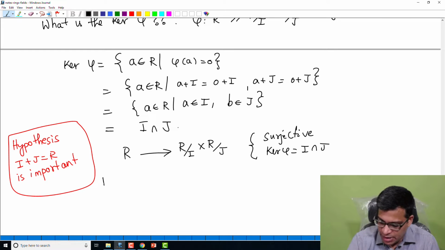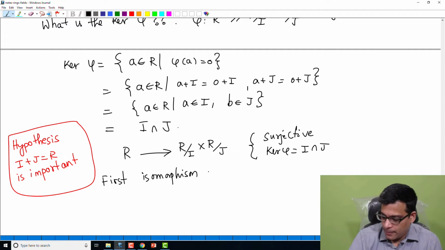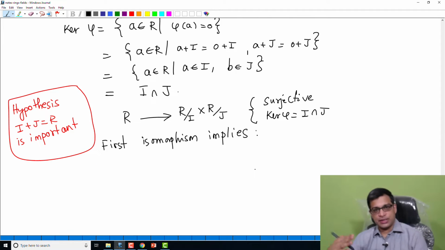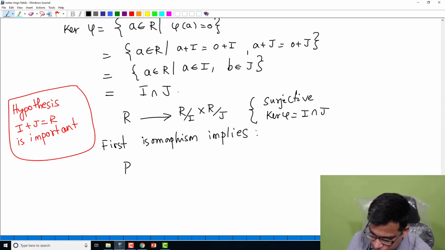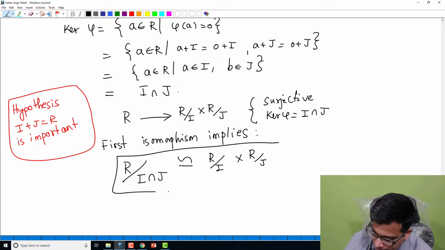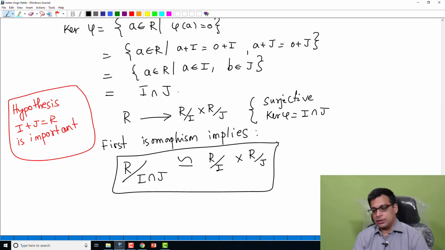Now, what does the first isomorphism theorem say? I want to complete this circle of ideas by stating the implication of the first isomorphism theorem. You have a ring homomorphism which is surjective and whose kernel is I intersection J. So, R mod I intersection J is isomorphic to R mod I cross R mod J. This is a very important statement that we will sometimes use.